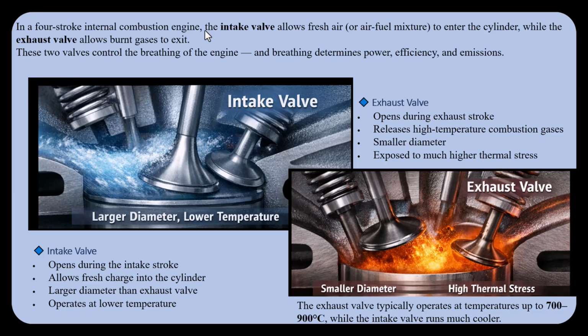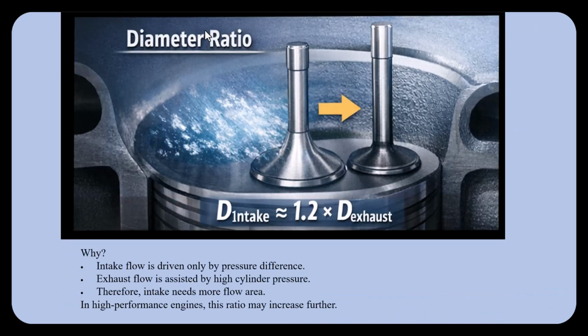And absolutely, the exhaust valve has a smaller diameter and is exposed to much higher thermal stress. The exhaust valve typically operates at temperatures up to 700 to 900 degrees, while the intake valve runs much cooler.